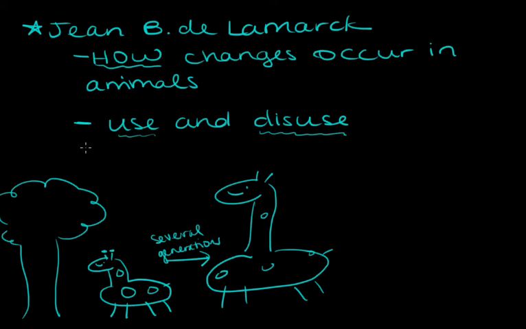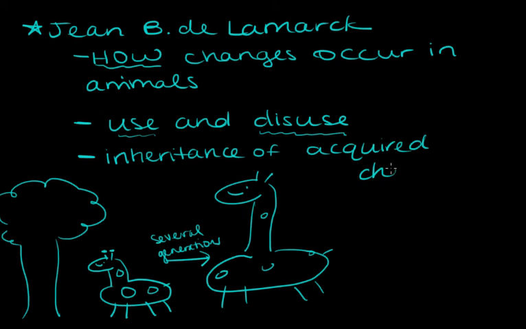That kind of makes sense, you know? But he believed that we inherited these acquired characteristics. Inheritance of acquired characteristics. And this is the part where it really doesn't make a lot of sense.